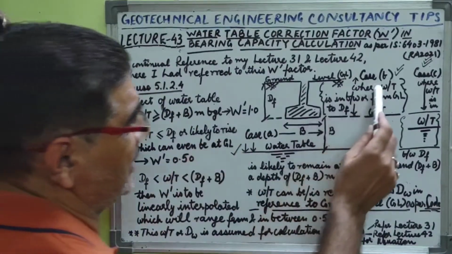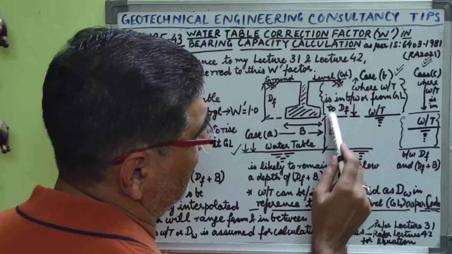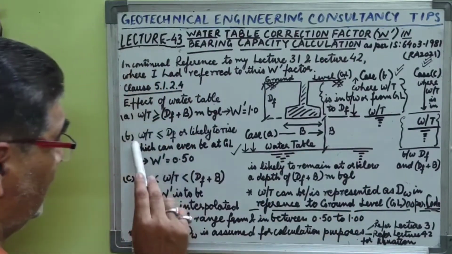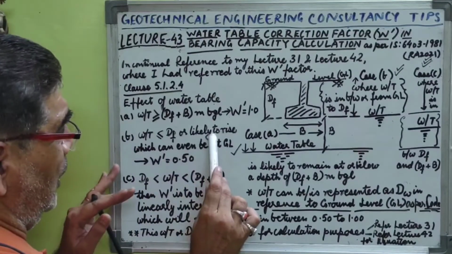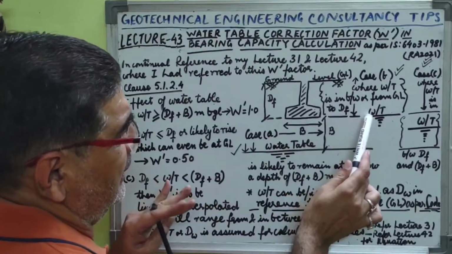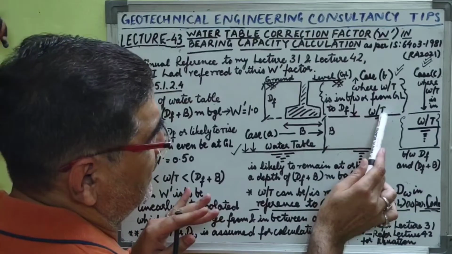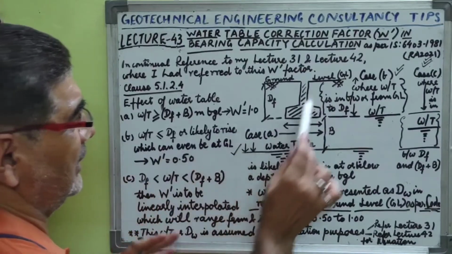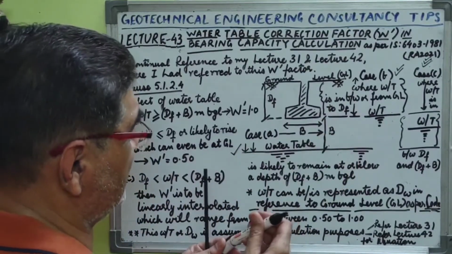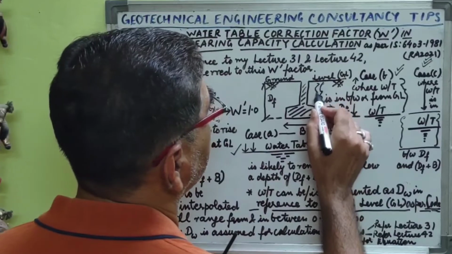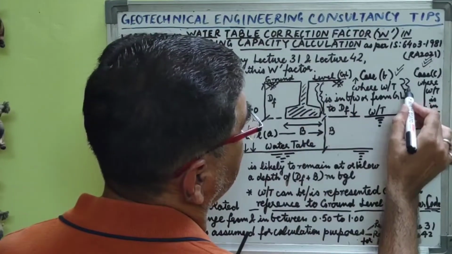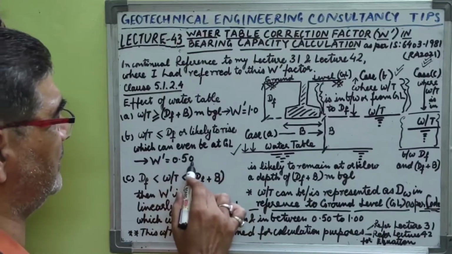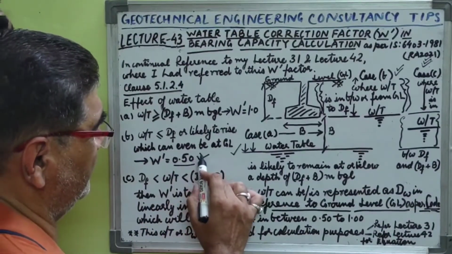That is, if the water table is in between ground level and the depth of foundation level proposed for that foundation, or if we have encountered the water table at this level and it may rise up to this, then in that particular case, shown with this double tick and this bracket, the water table correction factor W dash will be taken as 0.50.